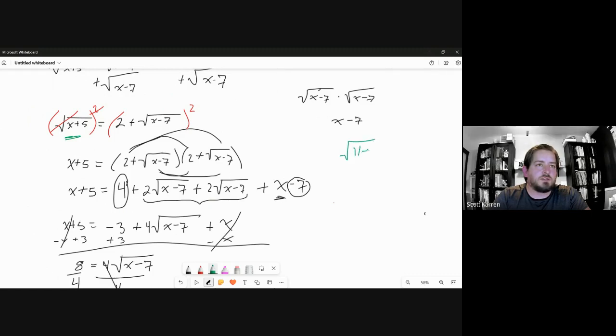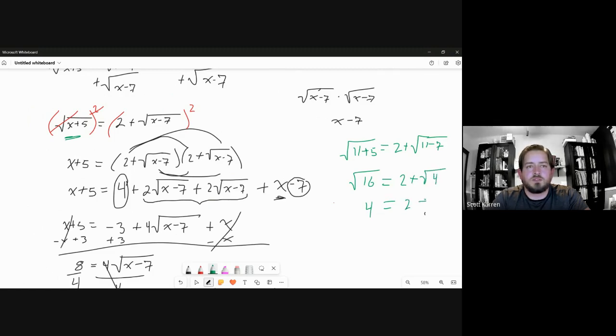Well, x was 11, so 11 plus 5 under a square root is equal to 2 plus the square root of 11 minus 7. 11 plus 5 is 16, so that's the square root of 16, which is 4. Should equal 2 plus the square root of 4. But that's 2, and it works. 4 equals 4. It checks out. That's our solution. x equals 11.